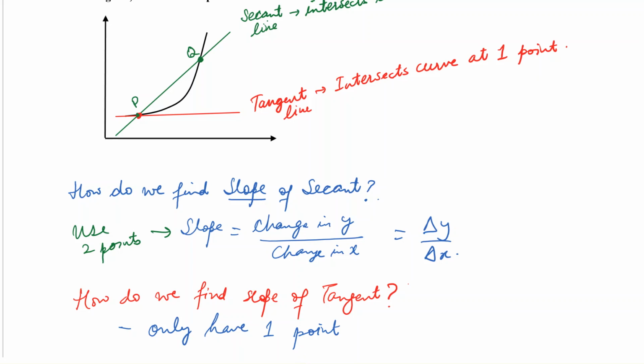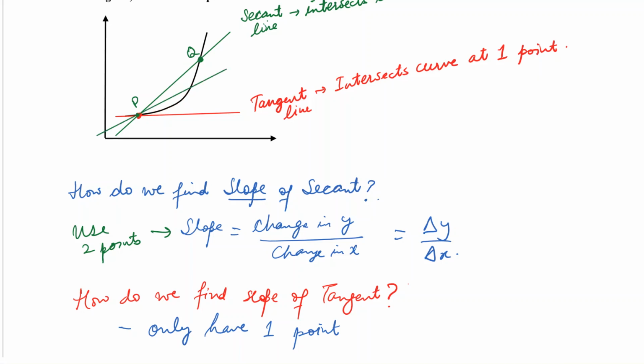As we move Q closer and closer to P, we get a better estimate of the slope of the tangent, because then the slope of the secant will become closer and closer to the slope of the tangent.